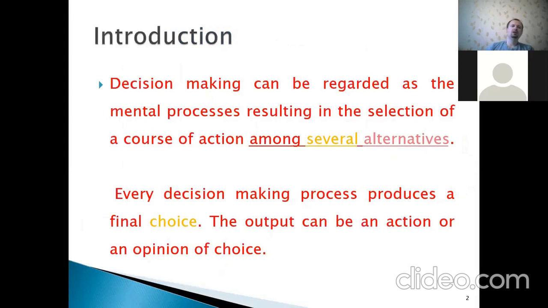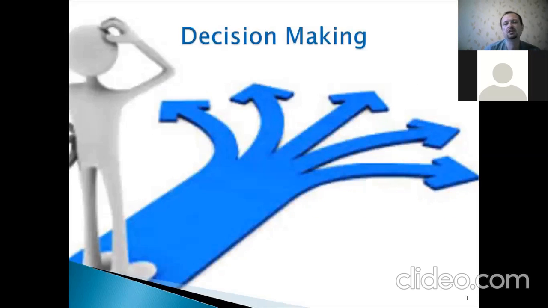Generally, I decided to take this picture because it is quite obvious that you have to take a decision if you have to make some choice among some possible ways.